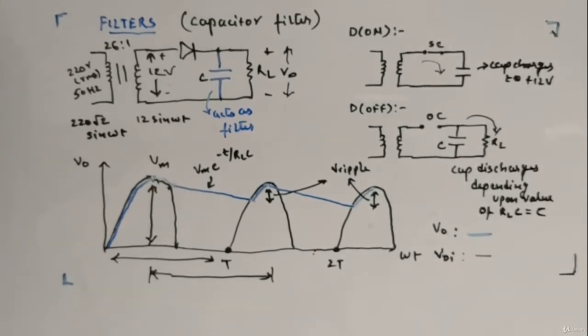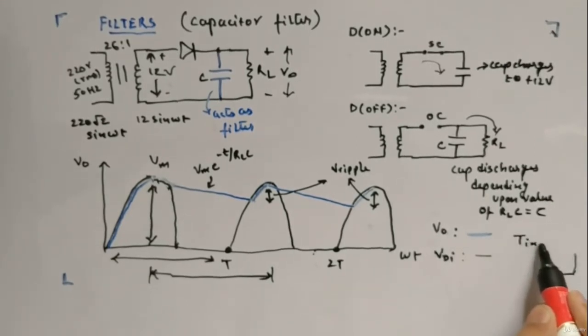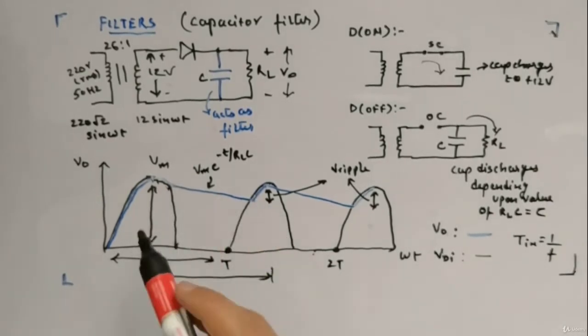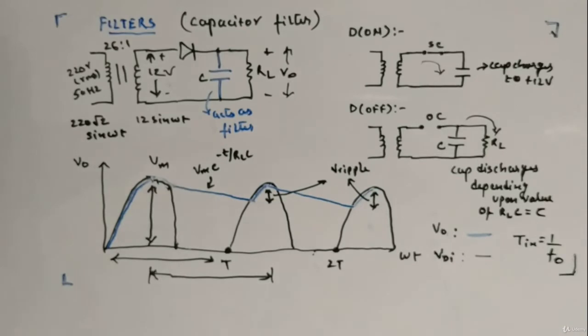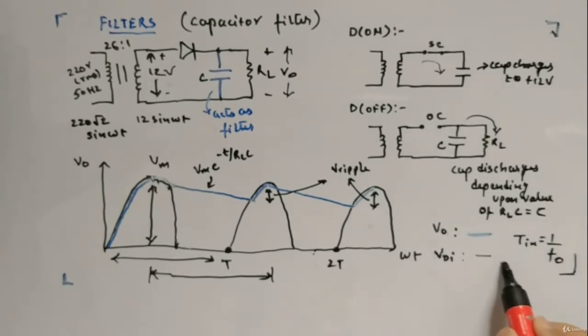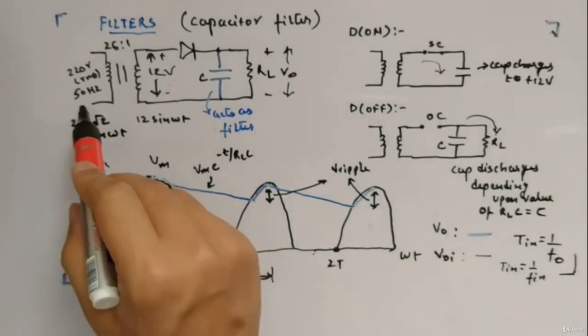So the time period of the input signal is equal to 1 by the frequency of this ripple, which I call f naught. It is similar to the input frequency, or you write it as T in is equal to 1 by f in, which is 50 hertz.